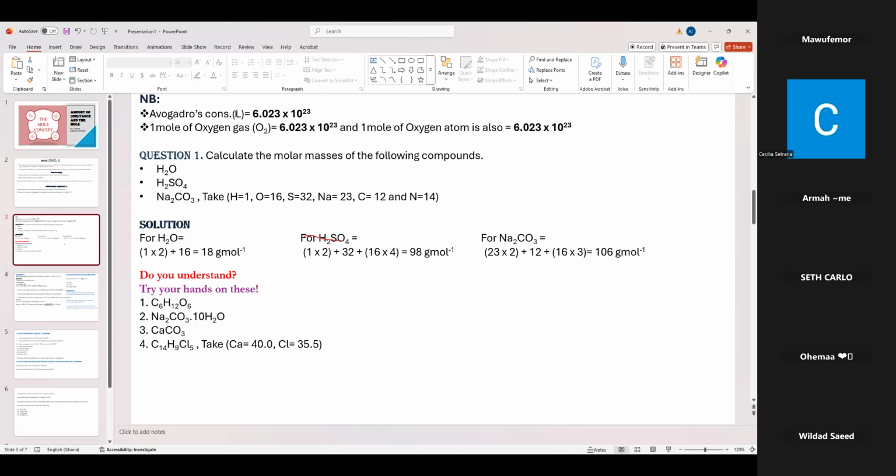So 1 mole of oxygen gas is equal to 6.023 times 10 to the power 23. And also, 1 mole of oxygen atoms is equal to the same 6.023 times 10 to the power 23. So, like I mentioned, Avogadro's constant has a relationship with the number of particles, and these particles can either be a gas, a molecule, or an atom.